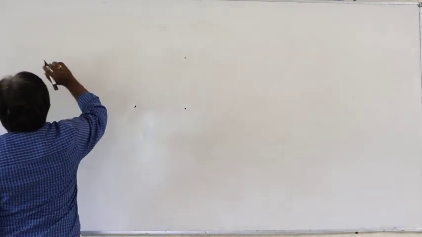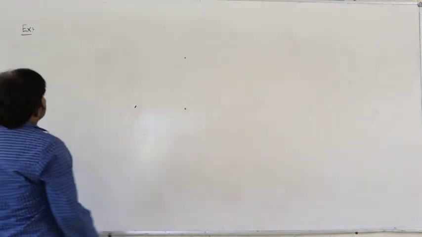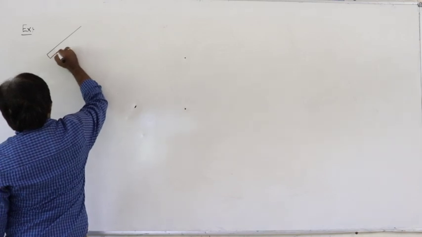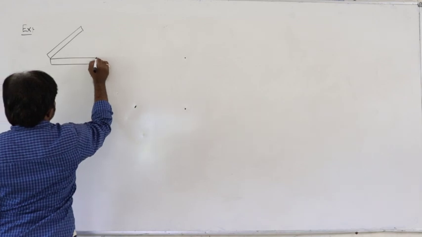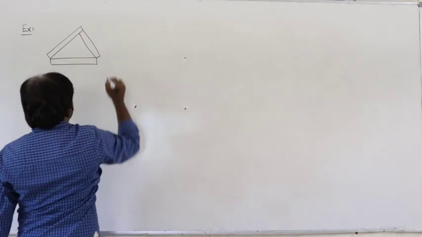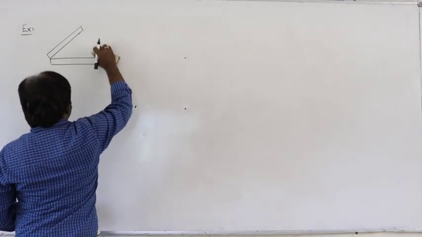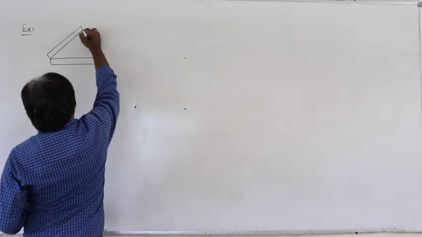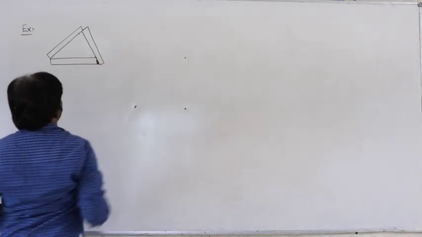Next thing, resultant magnetic moment. Next example, let us say three magnets are arranged in the form of an equilateral triangle, like that.